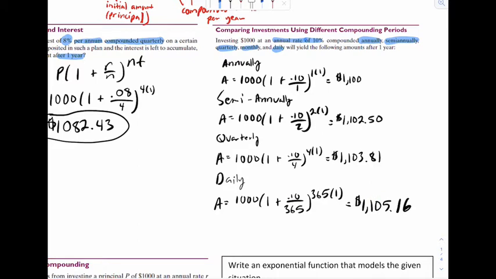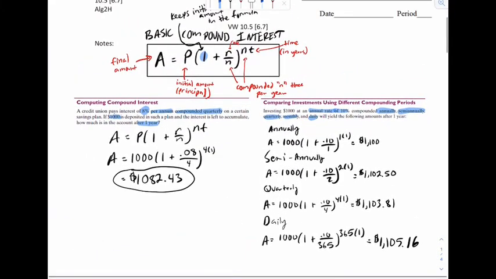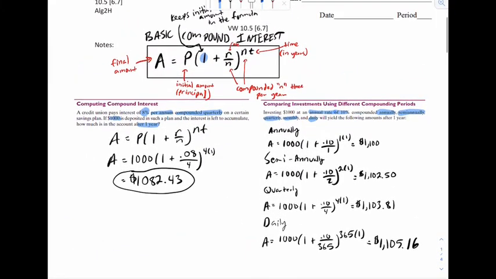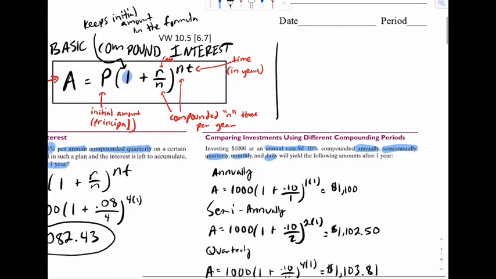So the next logical question would be, does this go on forever? Like, what if you could compound it more than daily? So we're going to do a little experiment here. Let's say we're going to invest $1. So our initial is $1. And to make it simple, let's say we have an interest rate of 100%.